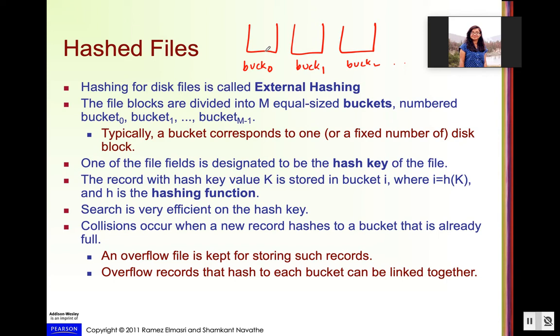One of the file fields is designated to be the hash key of the file. The record with hash key value k will be stored in bucket i, and we find the value i using a hash function h applied to the key k.